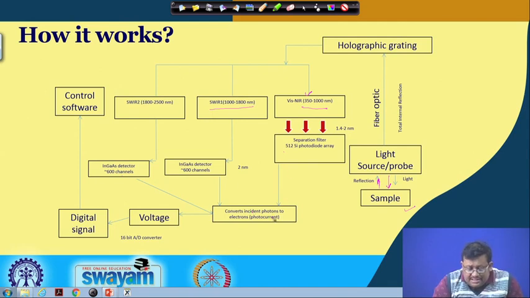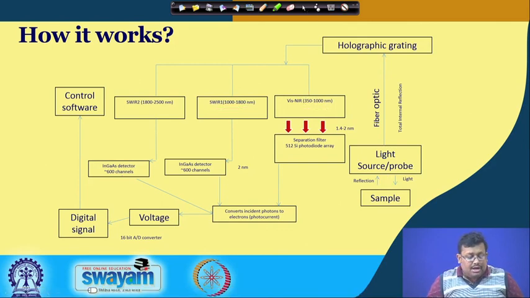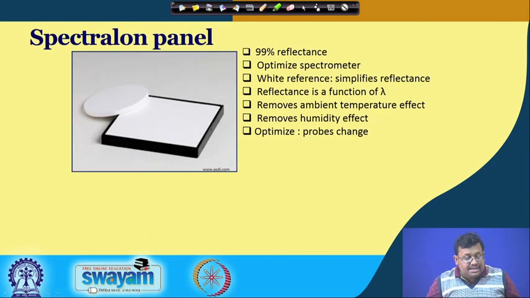Ultimately, it converts incident photons to electrons or photocurrent, and produces voltages or a digital signal, which is further measured by the control software. This is how the instrument works. Another important thing is that after a couple of measurements, we have to standardize this instrument.